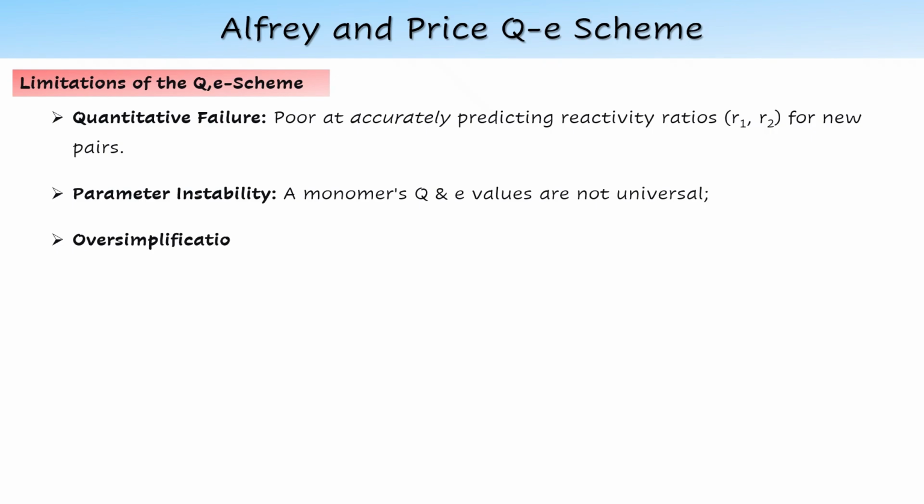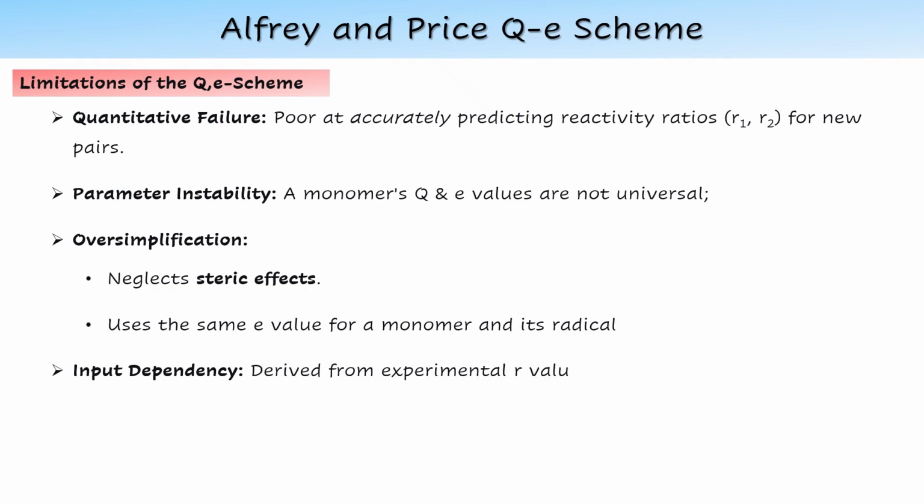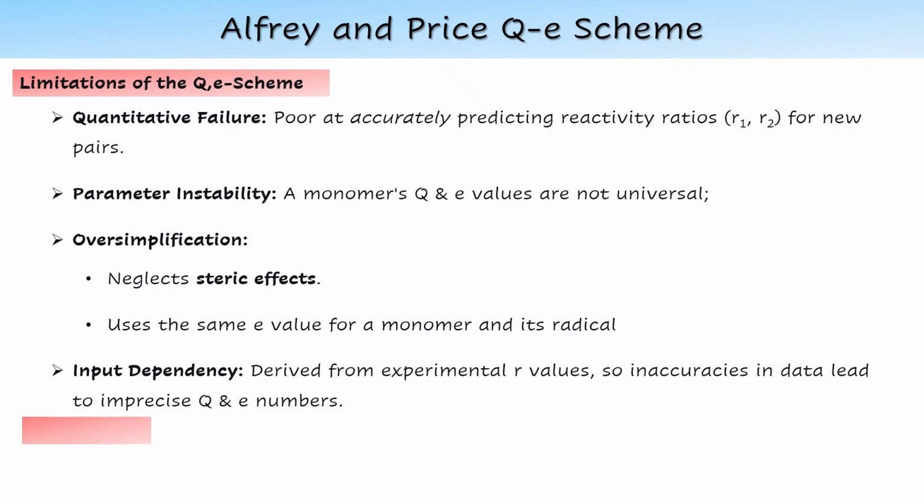Second, the parameters themselves are not universal, and monomers' Q and E values are not constant. Third, the model oversimplifies reality in two significant ways. It completely neglects the steric effect, the size and shape of the monomer, and it makes the strong assumption that the radical has the same polarity as the parent monomer, which is not always chemically sound.